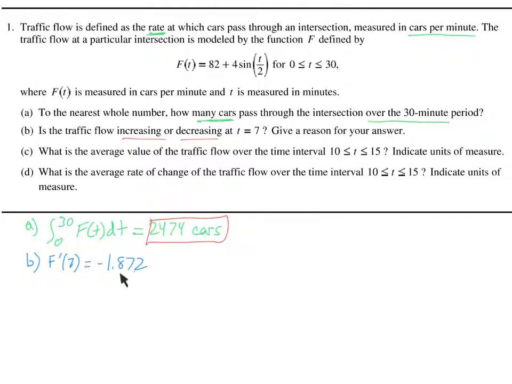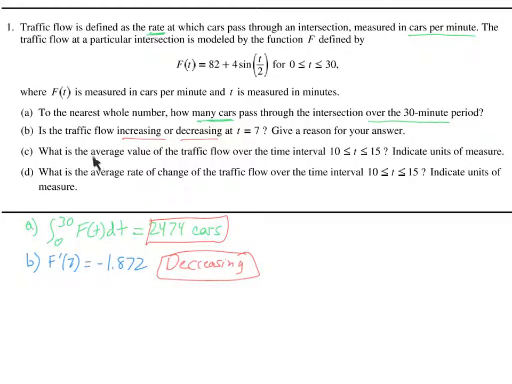You would state, all right, since the derivative of the rate is negative, I know it is decreasing. I'm just going to put the word decreasing, but you would need to write that out. Look at the FRQ scoring guidelines to get exactly the best ways to write it. But it is decreasing due to there being a negative slope or derivative at 7.